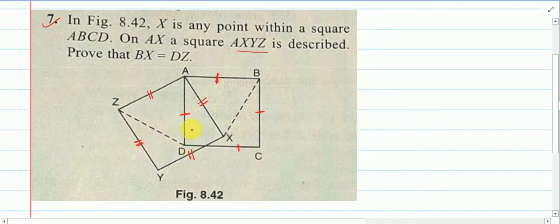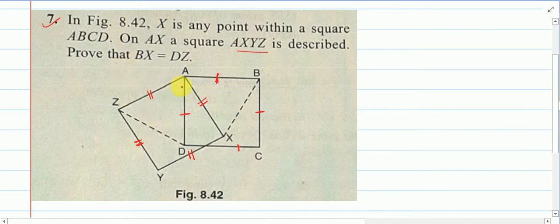Okay, so if we could show that this triangle, okay, this triangle is congruent to this triangle, if we could show this, then we can easily prove that BX is equal to DZ. Okay, so let us do that.